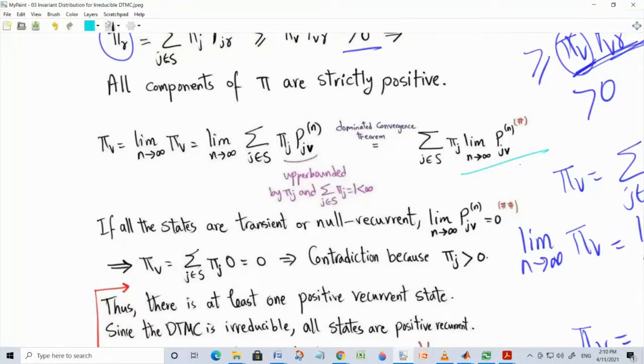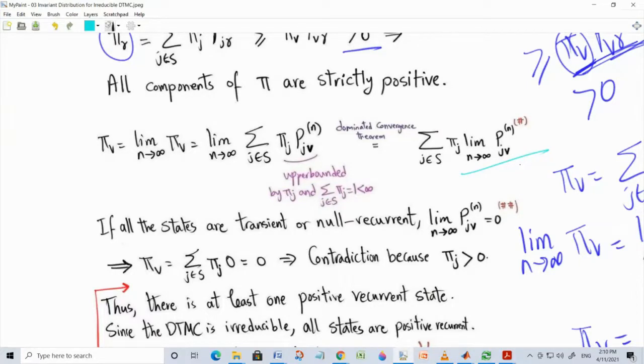Okay, now what is the limit? Well, we studied that it depends on what state you are talking about. Sometimes this limit is 0, and sometimes this limit is positive.